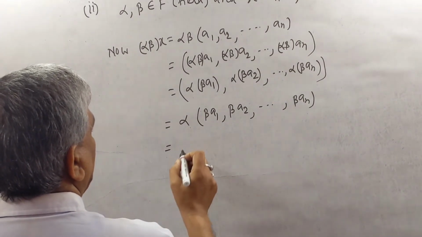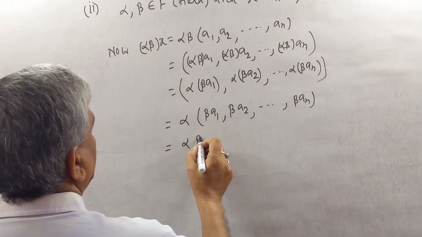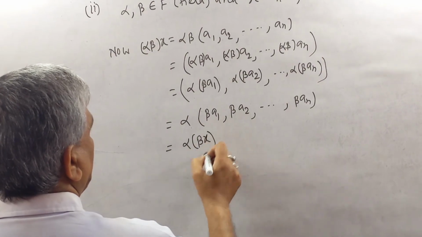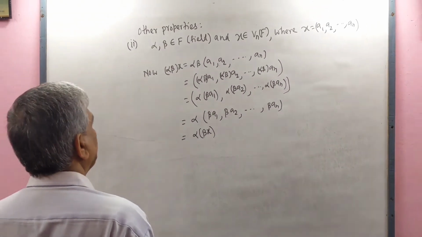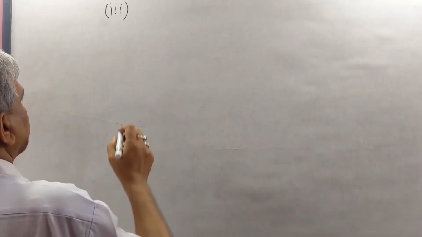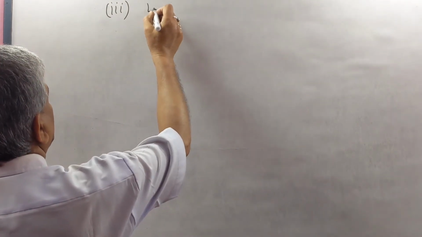This is alpha(beta x). So the second property holds.